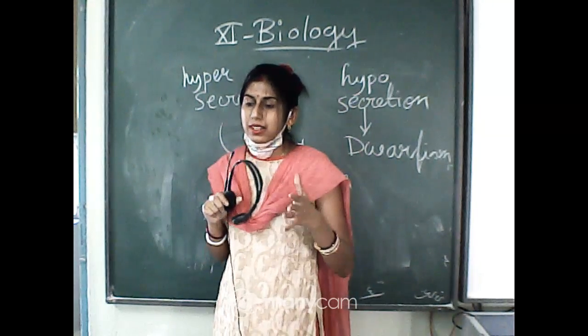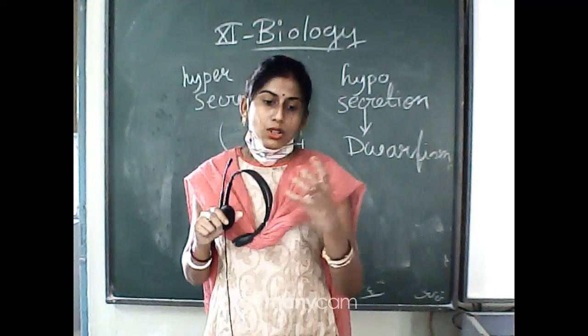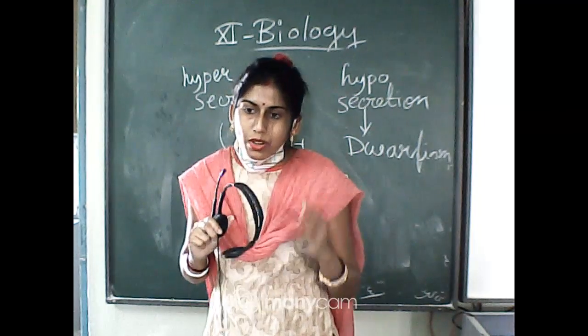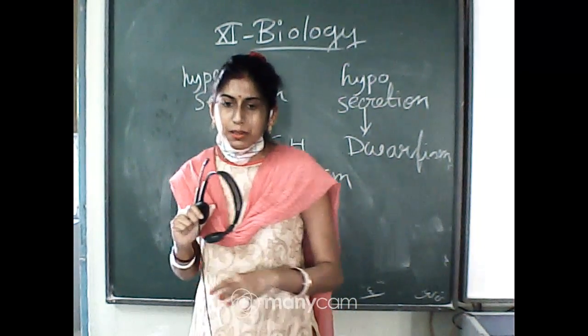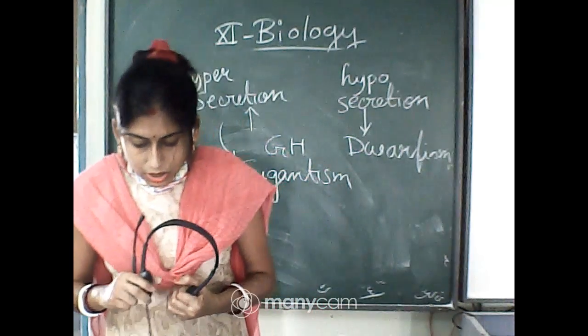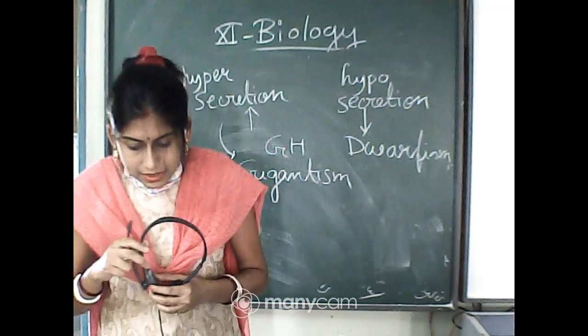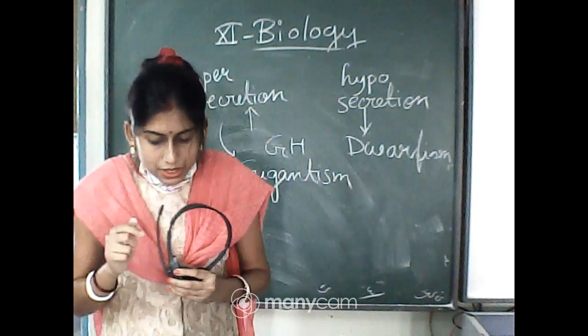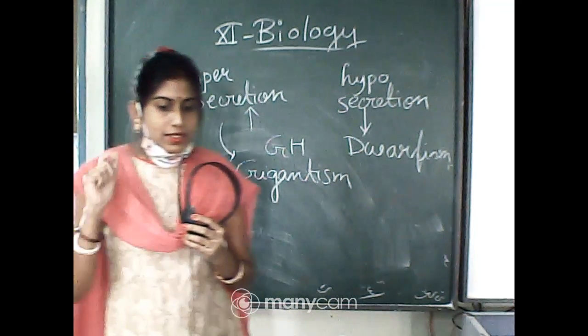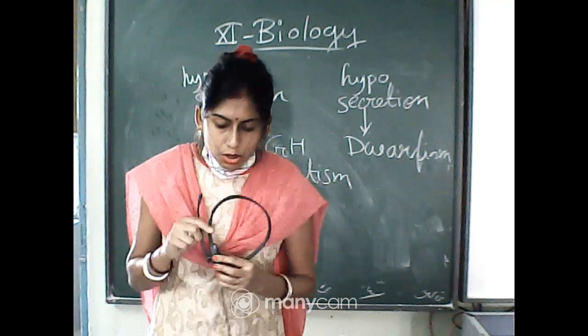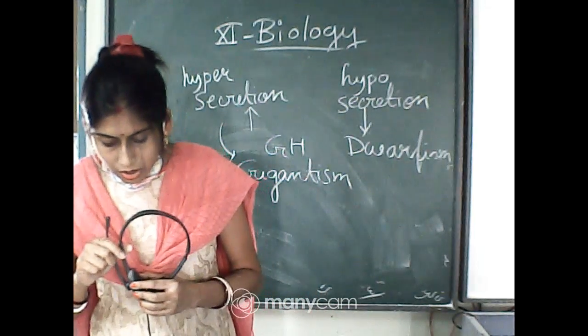As I have mentioned, as their name suggests, adrenocorticotropic hormone. The adrenal gland is divided into two parts, adrenal cortex and adrenal medulla. So this adrenocorticotropic hormone stimulates the adrenal cortex to release the glucocorticoid hormones, which are steroid hormones.